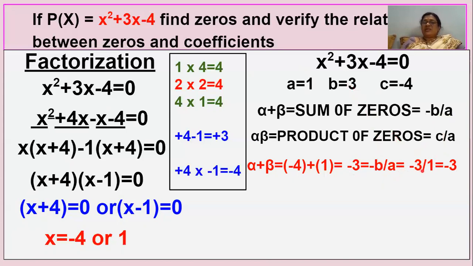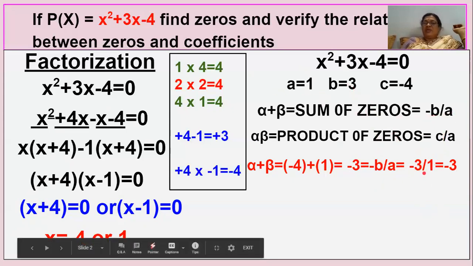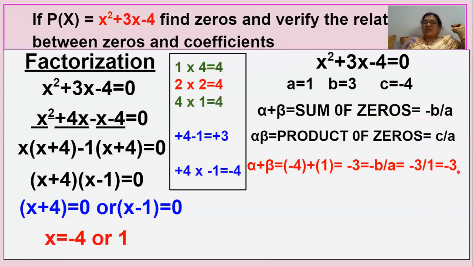So minus 3 by 1. The a value is 1. And you will get the answer as minus 3. So whatever method you do, you will get the same answer. See here, the sum of the zeros, you got it as minus 3. When you verify with the coefficient formula, you got the same answer. See, these two are equal.